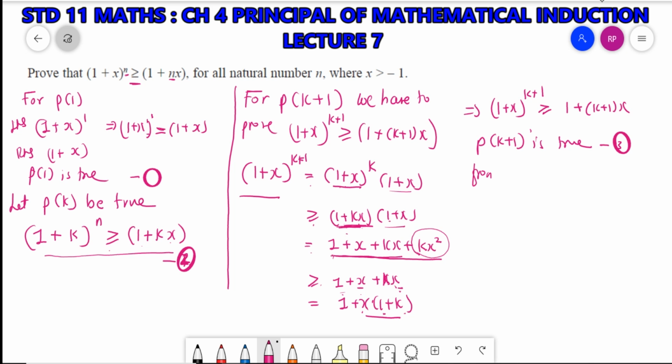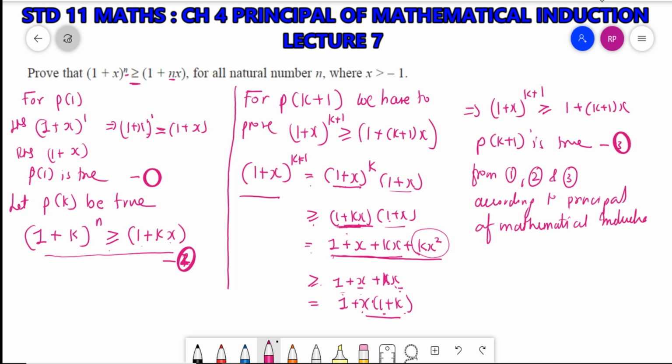So from 1, 2 and 3, according to the principle of mathematical induction, P of n is true for every n belonging to N. Clear?